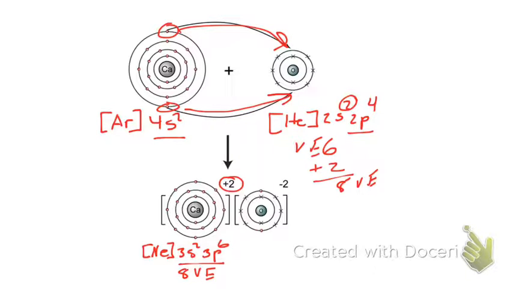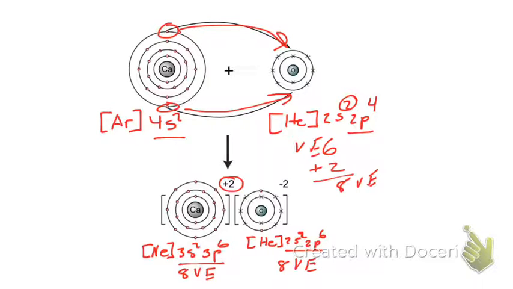Oxygen's electron configuration now is going to be helium, 2s2, and 2p6. So it didn't lose a valence shell like calcium did, but it did pick up 2 more electrons. Now it also has 8 valence electrons in its valence shell, so it's got a full shell and is happy.